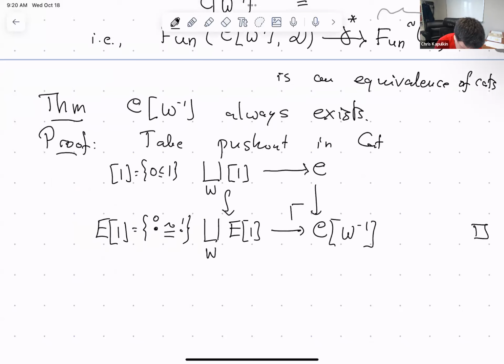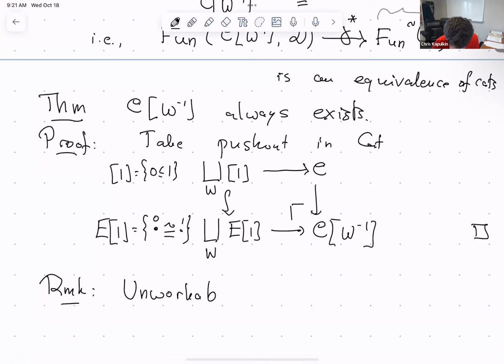So great. So we now understand localizations of all marked categories. So our job is done, except it isn't, because what we just did is what I said we did. Namely, we took a push out of categories, and push outs of categories are unworkable. So let's just record that. This is unworkable.